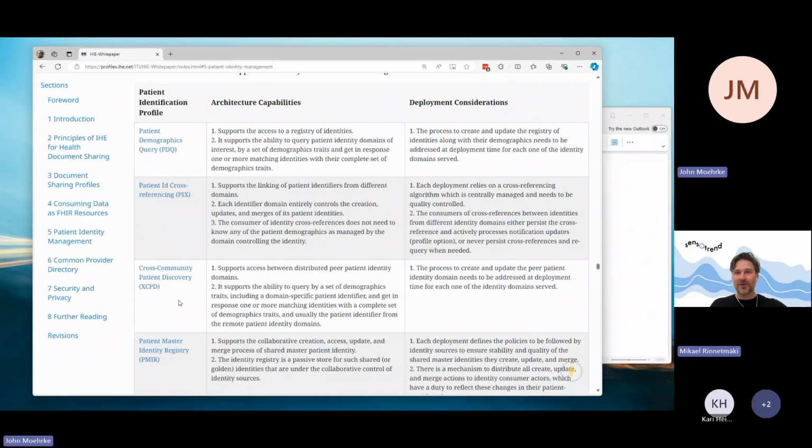From an identifier perspective, so a FHIR patient identifier, you could put any kind of an identifier in there. So if you've got a driver's license, if you've got a passport number, anything can go in there. Whether it's legitimate use of that identifier is a good question.